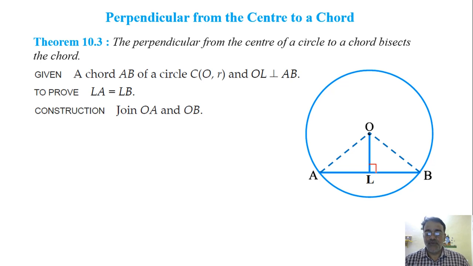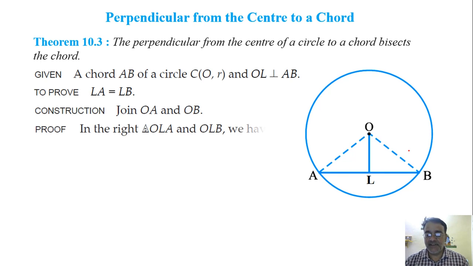Okay. Now we have to prove these two triangles congruent. ये दोनों triangles को congruent proof करना है. So let us start by proving these two triangles congruent. How? OA is equals to OB. Why? Radii of the circle. Very good. And these two angles are equal. Why?